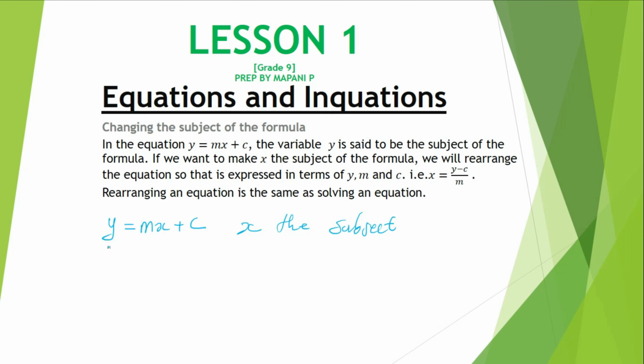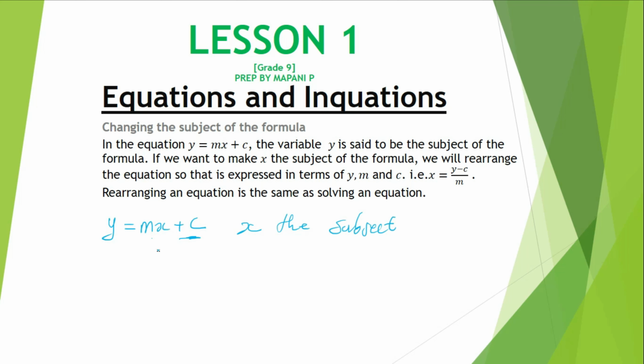Okay, so now the steps should be: you have to make sure all the terms that do not contain x, you take them to the other side of the equation. For example, we have this c that doesn't have x, so we're going to take it to the other side.